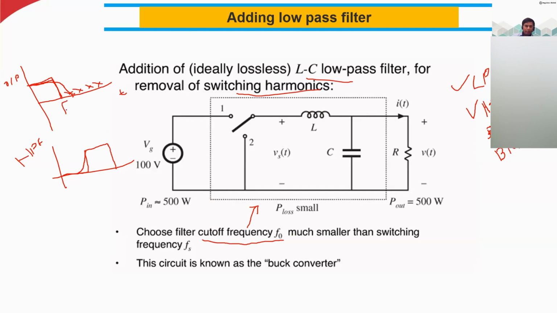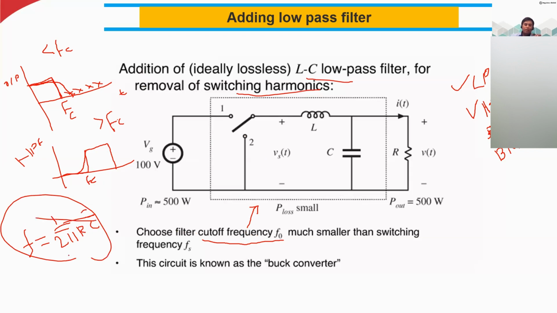For example, here for the low pass filter, this is the cutoff frequency. It will transfer the frequency only up to this FC, and after that it will filter out. So these all are filter theory. I am not going to talk about this filter theory, but you just remember the cutoff frequency. When we talk about the filter, cutoff frequency is very important. And I think 1 by 2 pi RC is the standard cutoff frequency formula.